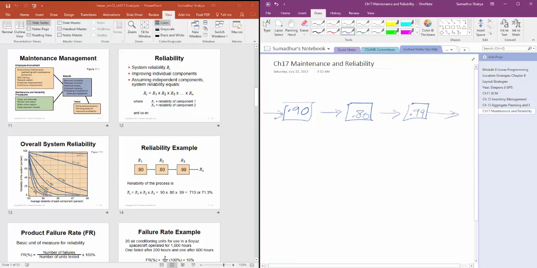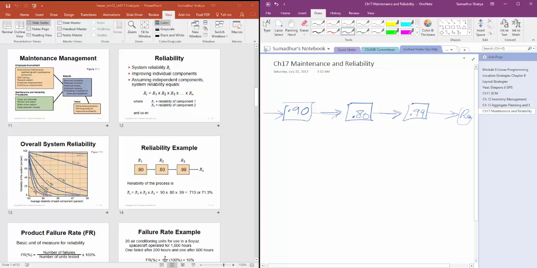One way is the flow of current or the flow of water. The current comes in, this box has to work, and it works 90% of the time. Then it moves on to the second component, which works 80% of the time. Then it moves on to the third stage, which works 99% of the time, and only then do you have some result at the end.